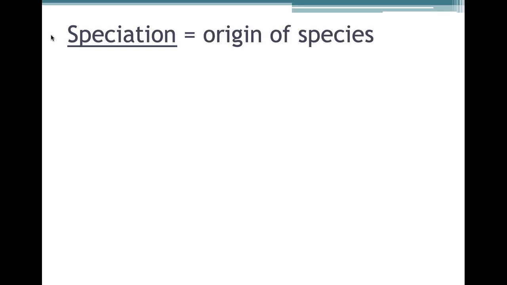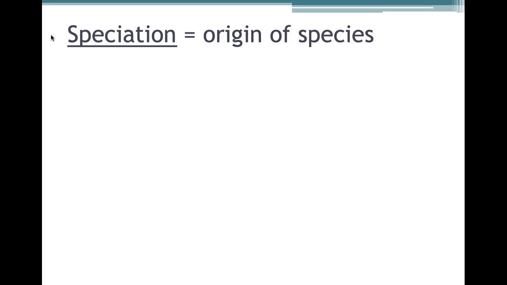So what speciation is, even though it says origin of species here, it's when one species splits into 2 or more groups. And that's something that we saw with phylogeny and the phylogenetic trees and the cladograms. We had an original ancestor and it split off because of natural selection.